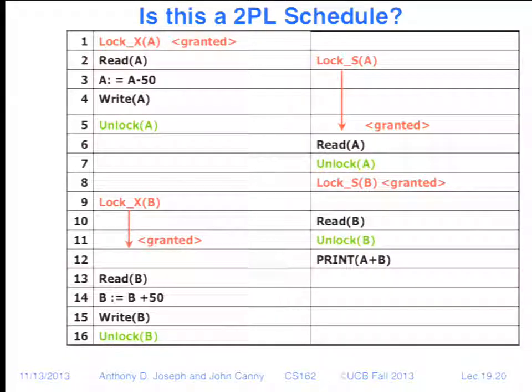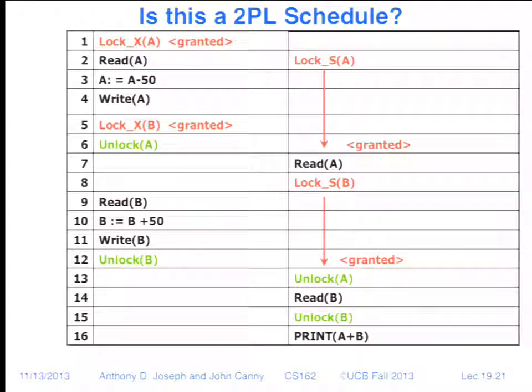We did the same thing over here. Transaction 2 released its lock on A as soon as it was done with A, and then requested B. So it's not two-phase locking, and it's also not serializable, and it also gives the wrong answer.